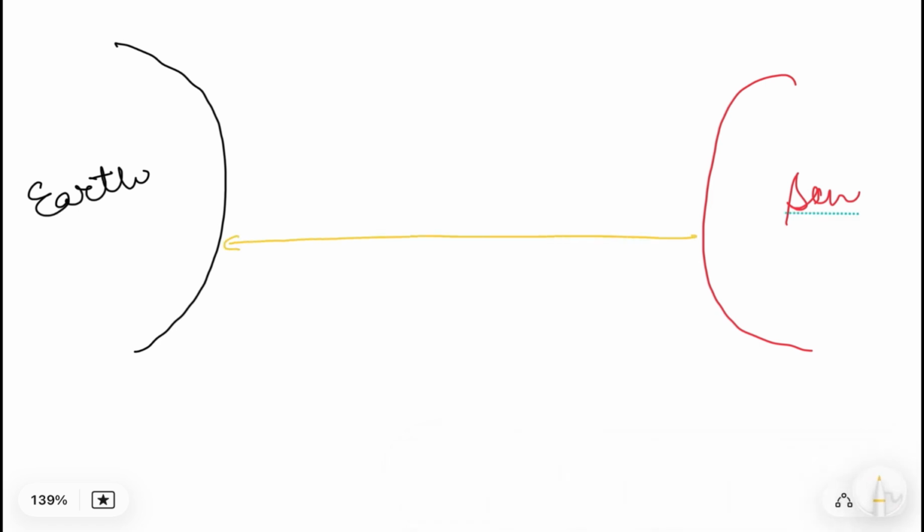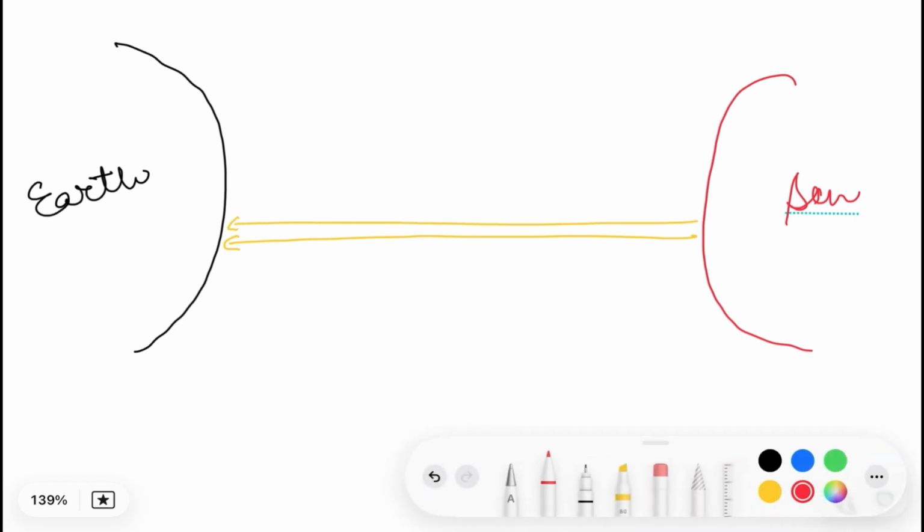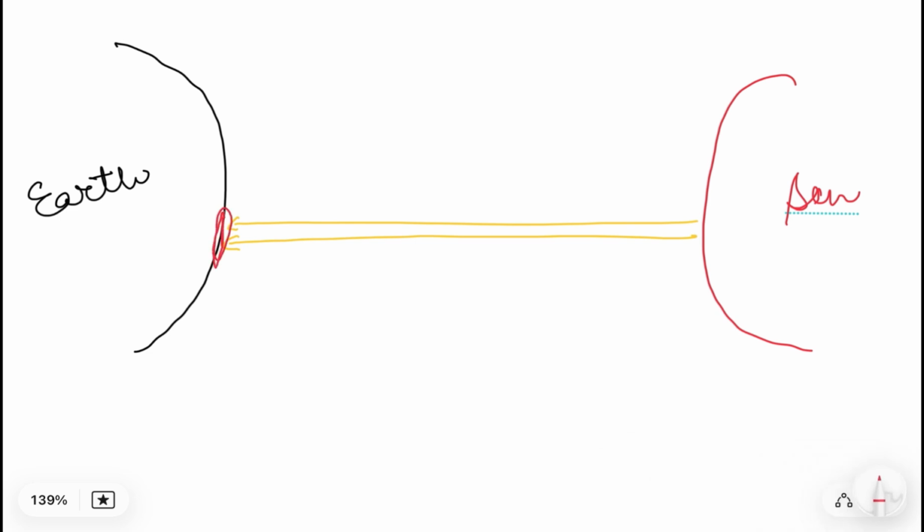In this case, the temperature at the equator will be high and the pressure will be low, that is, low pressure will be created at the equator.